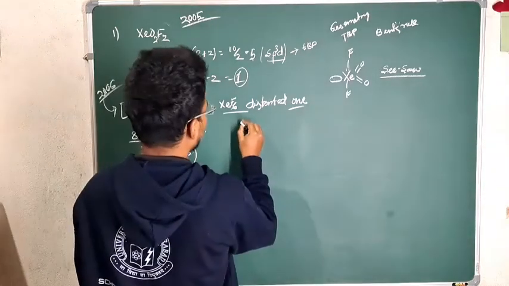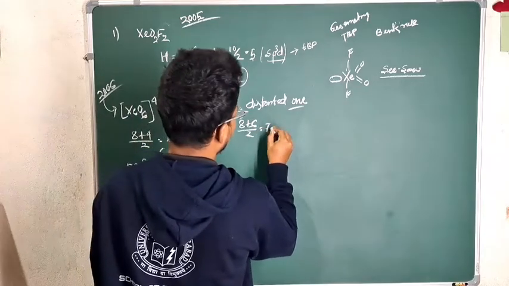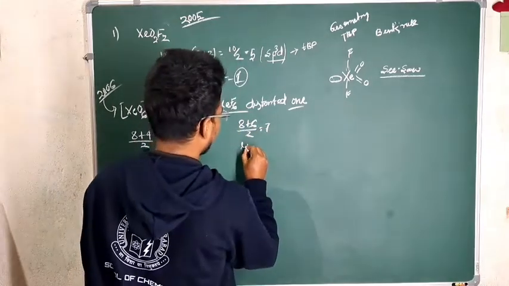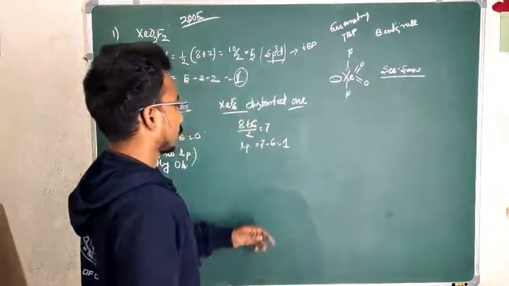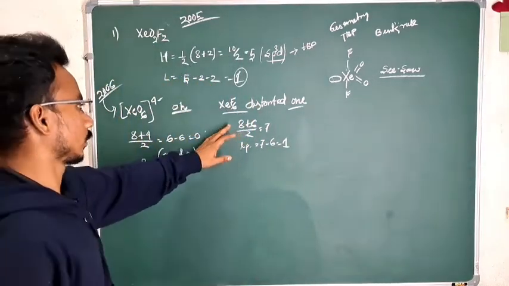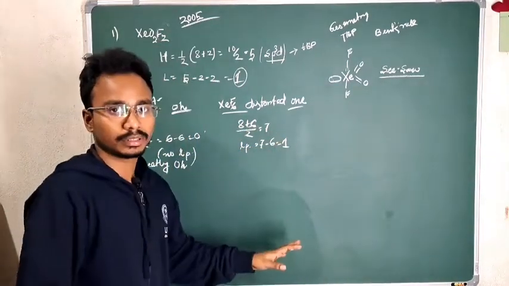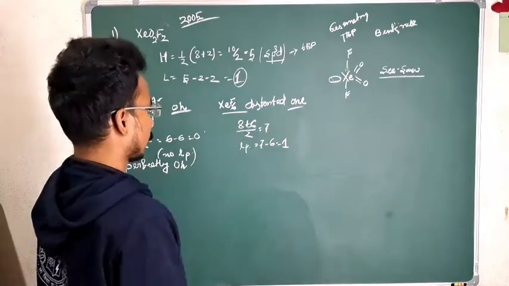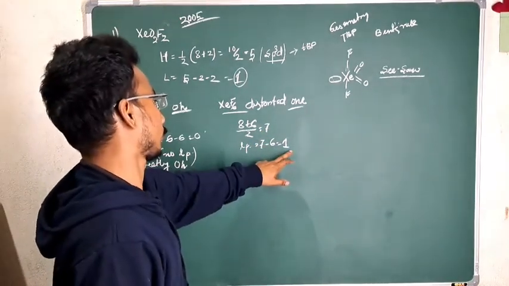And for XeF6, 8 plus 6 by 2 equals 7, and lone pairs 7 minus 6 equals 1. So one lone pair is present. It should be 7, meaning pentagonal bipyramidal, but it will not be that. It will be distorted because of one lone pair.